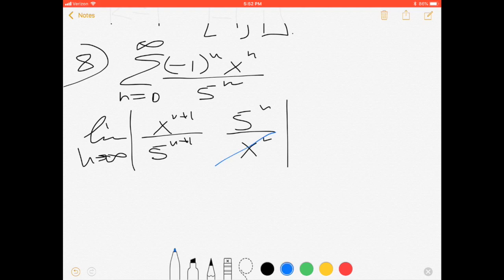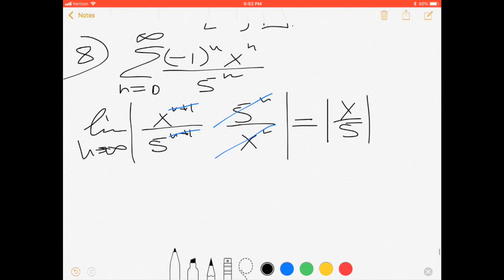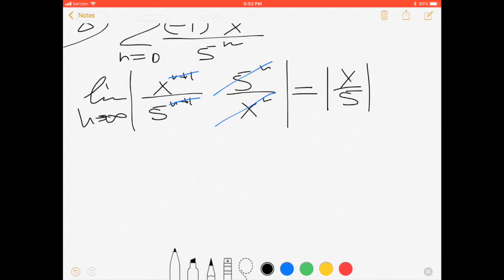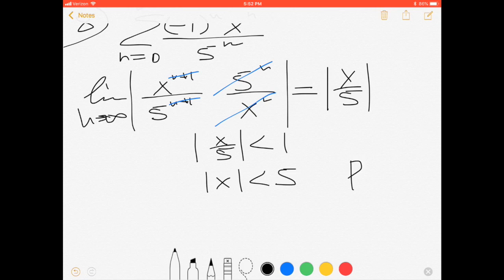Finally, this limit is the absolute value of x over 5. Because absolute value of x over 5 needs to be less than 1, this means absolute value of x needs to be less than 5, and the radius of convergence here is 5.